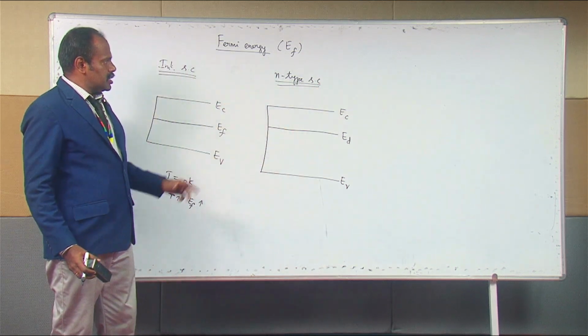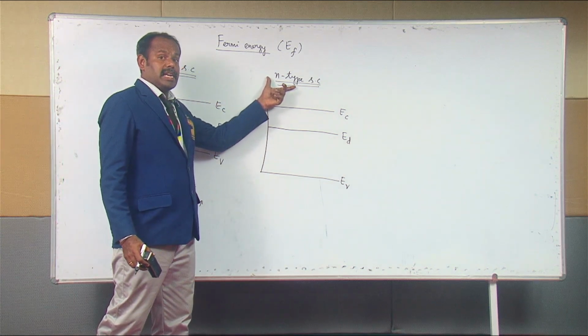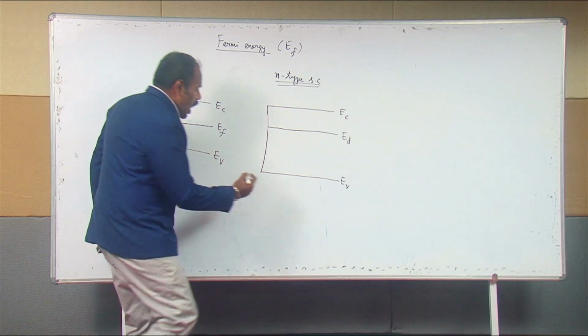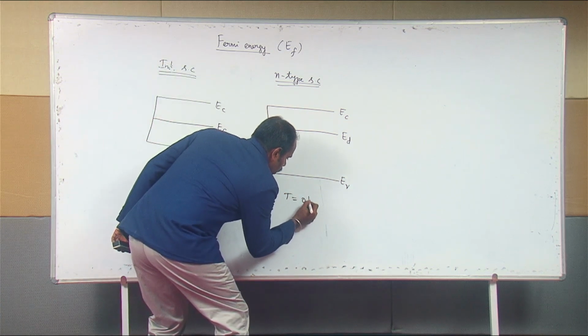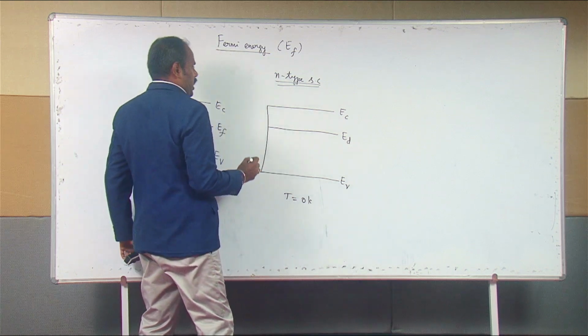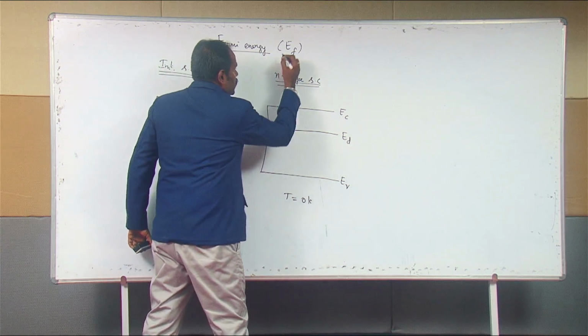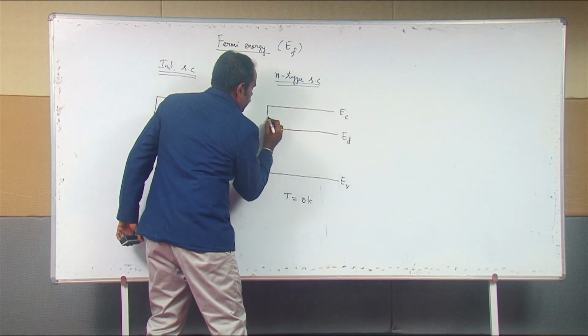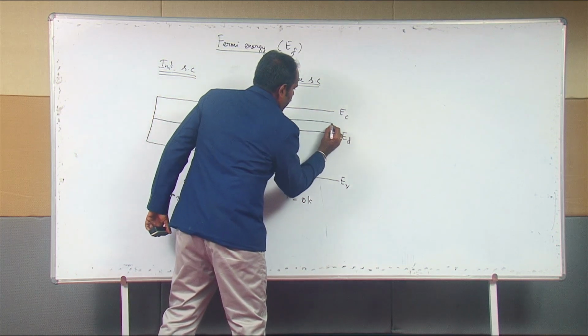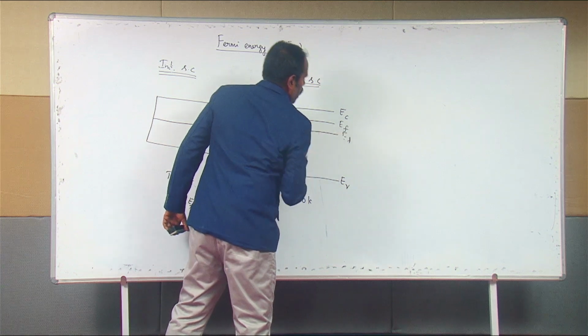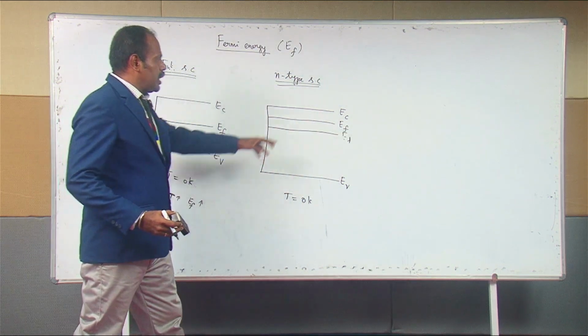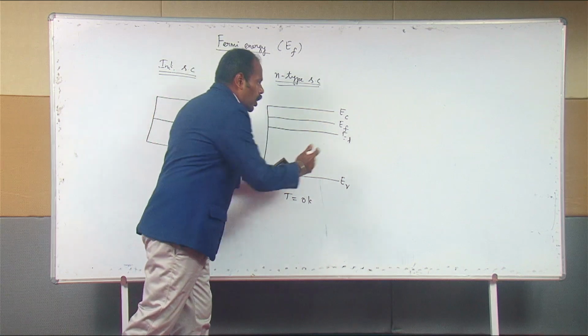This we have discussed while discussing the n-type semiconductor. Now, at T equal to 0 Kelvin, the Fermi energy of this n-type semiconductor will lie exactly at the midpoint between the conduction band and the donor energy level.